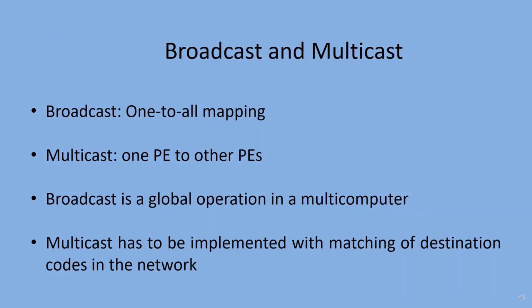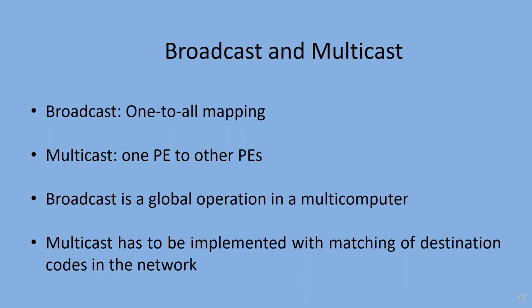Broadcast and multicast. Broadcast is one-to-all mapping. This can be easily achieved in an SIMD computer using a broadcast bus extending from the array controller to all processing elements. A message passing multicomputer also has a mechanism to broadcast messages.